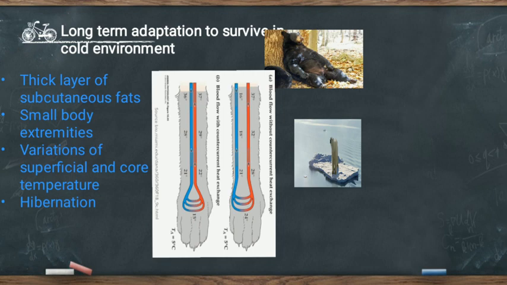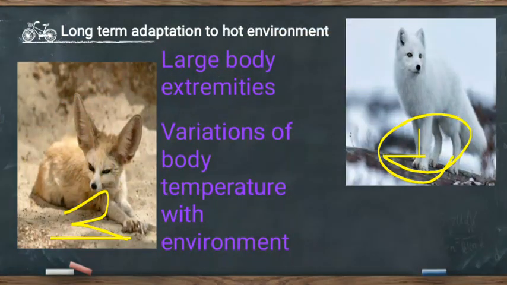In the same way, organisms that live in the cold have small body extremities, as in the previous slide, the fox, reducing the surface area, and thus less heat is lost to the environment.